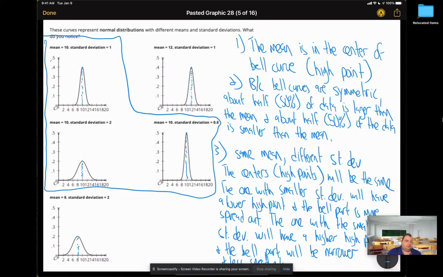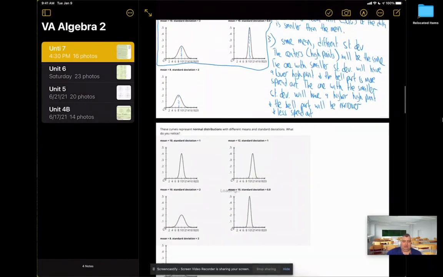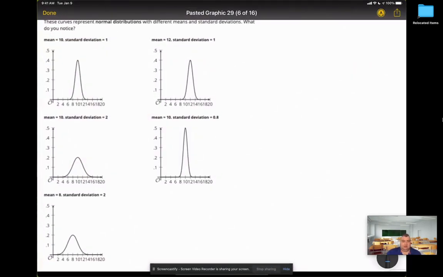The last thing I want to look at, the fourth thing I want you to look at, is what happens if I have the same standard deviation but different means. So the opposite of the last one.